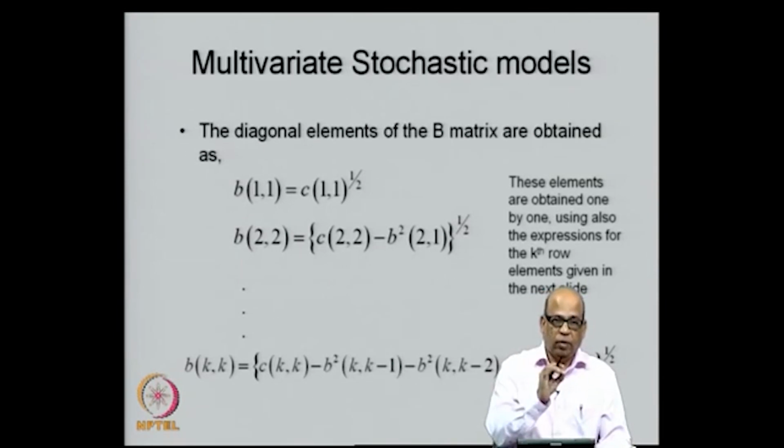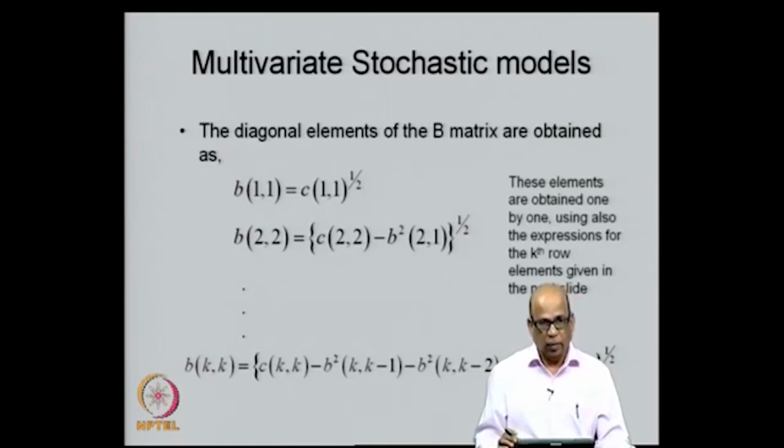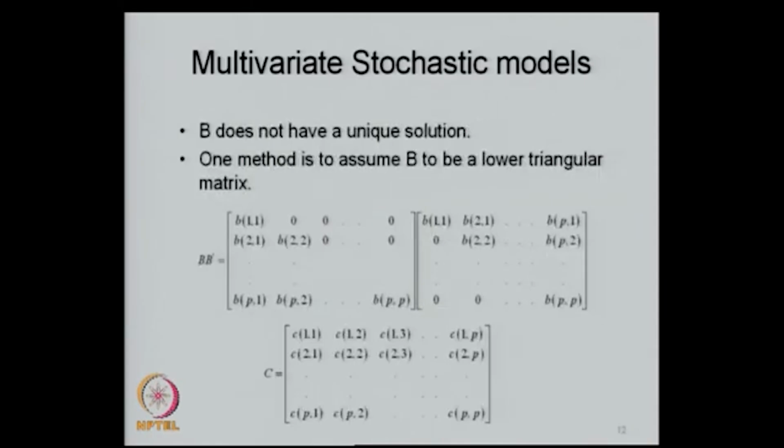Starting with the left top element B11, you go to the second row, define B21, B22, then go to B31, B32, B33, B41, B42, B43, B44, like that, until every time you reach the diagonal, you keep on determining the elements one by one, starting with the leftmost element.